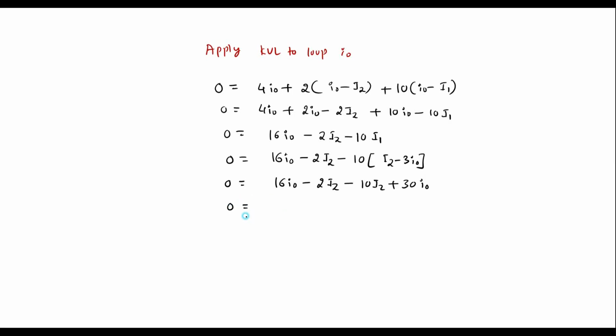Further simplifying, 16 I0 plus 30 I0 is 46 I0, and here we have minus 12 I2, or I can write 0 is equal to minus 12 I2 plus 46 I0. Let me call it equation B.